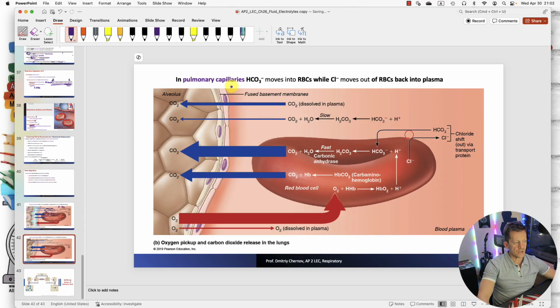And this shows what happens in pulmonary capillaries. So this is the alveoli. Normally, the carbon dioxide that is dissolved in plasma can enter the alveoli. We can get rid of that. So then this is the slow and this is the fast system. They're very similar. So you have this hydrogen, you have this bicarbonate, you have this carbonic acid now because you put them together.